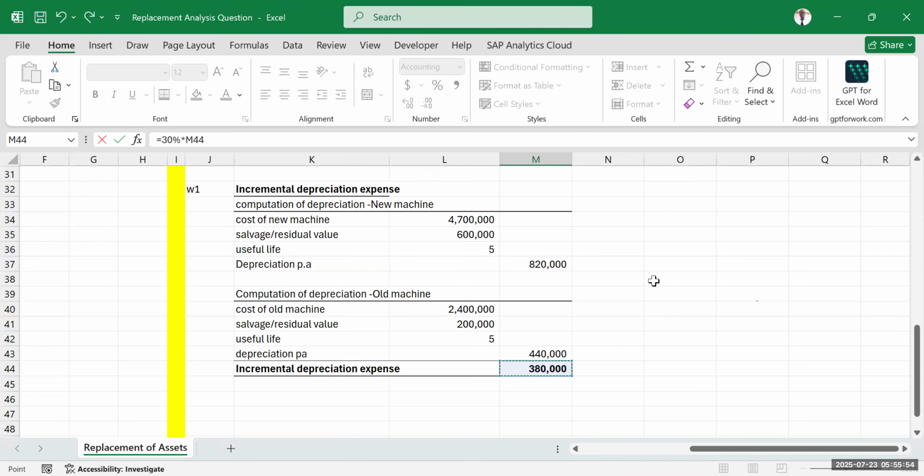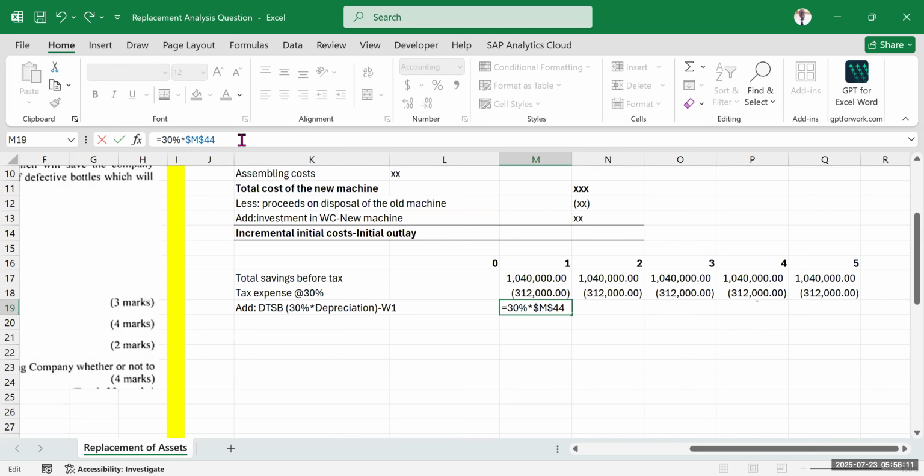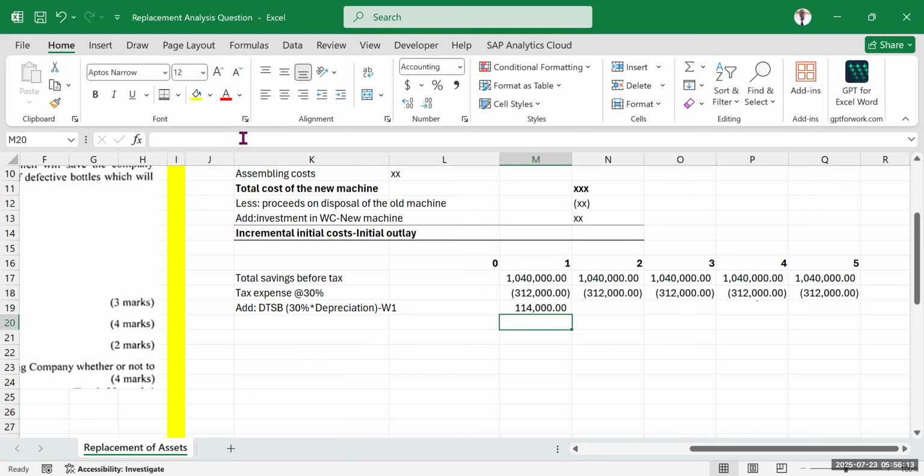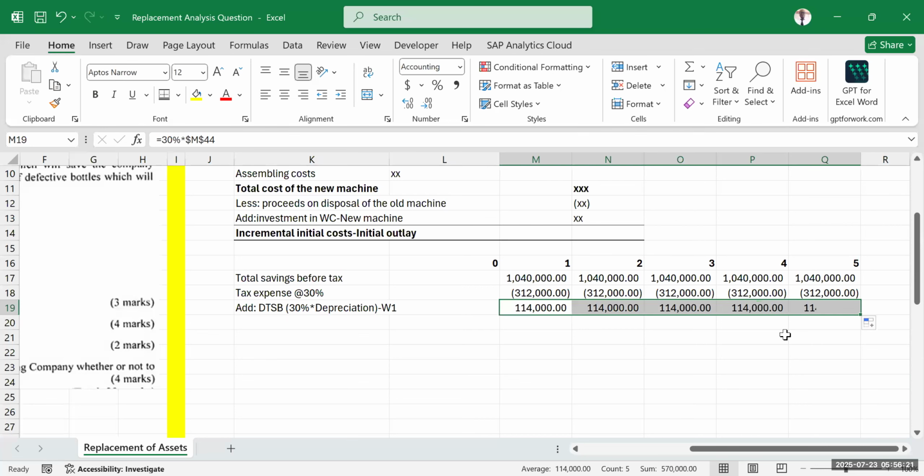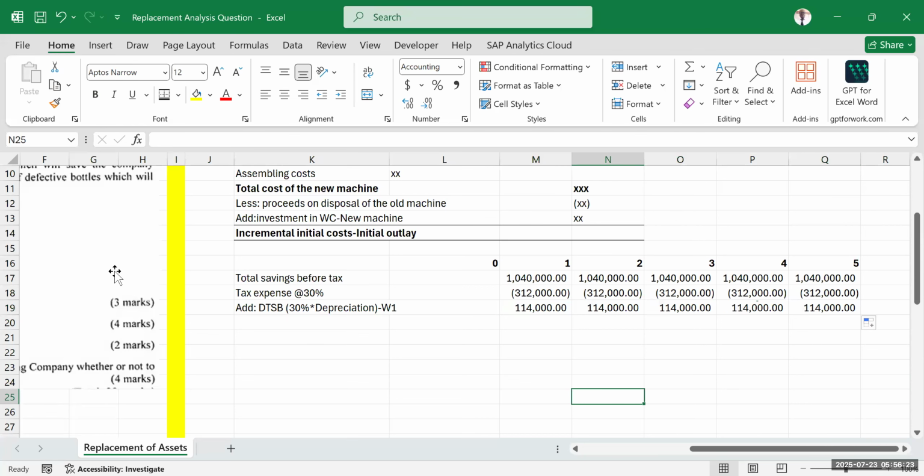Yes, and because I don't expect that figure to change, the depreciation figure remains the same. Why don't I just go ahead and lock that cell? You see this cell M44. Why don't I just go ahead and lock it? Because that depreciation figure is going to remain constant. So once I lock it, I will have my depreciation tax shield benefit, and that will remain the same across the board. 30% of that will be our tax shield benefit.